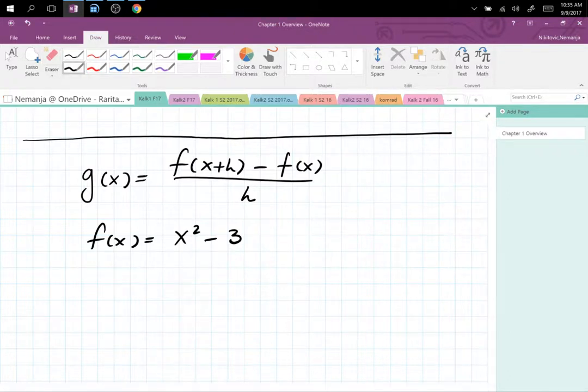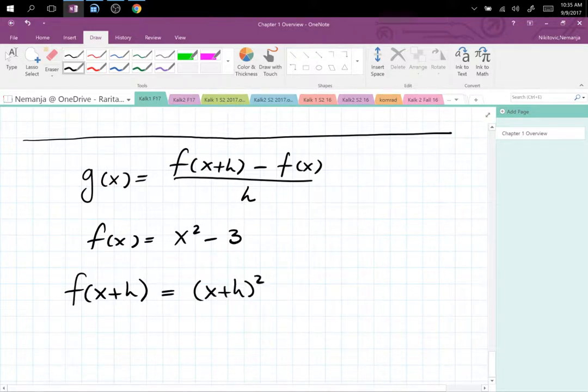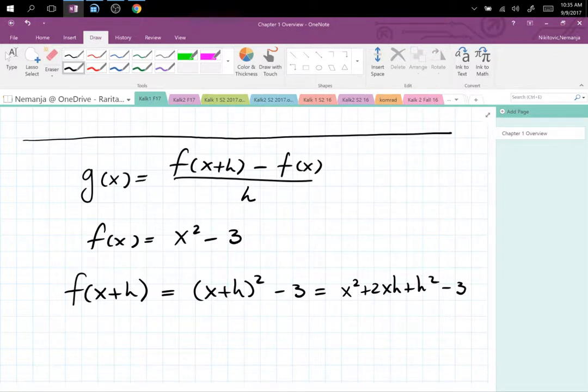So, to create the piece f of x plus h, I have x plus h squared minus 3, which is x squared plus 2xh plus h squared minus 3. Don't forget the middle term, the 2xh part. Now, the problem is not done, because all I did is create this piece here.